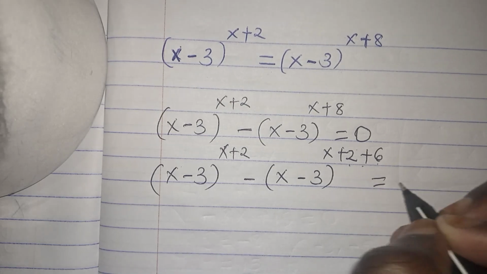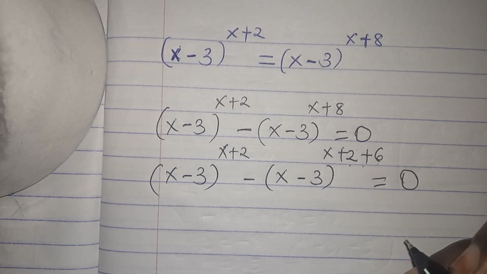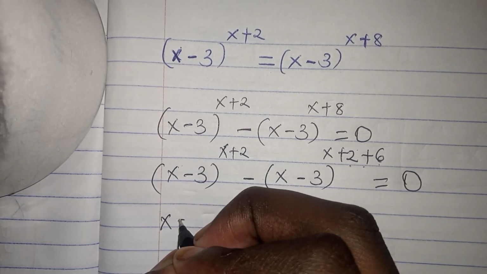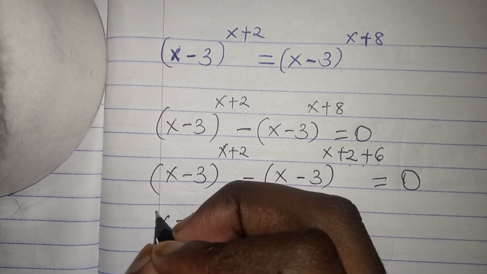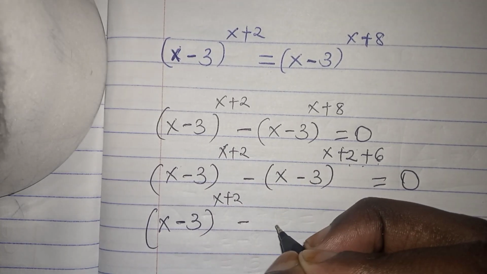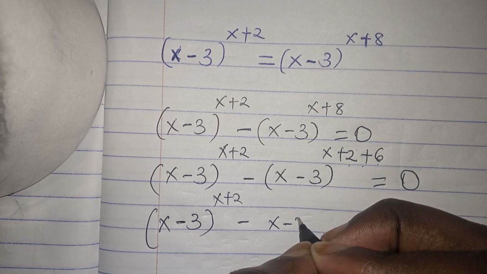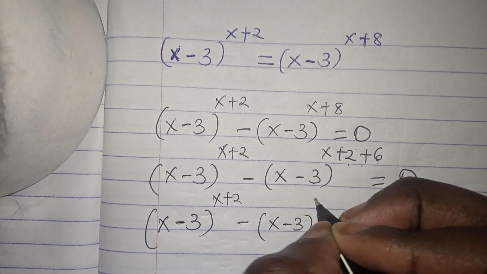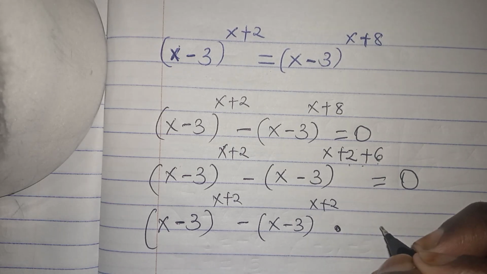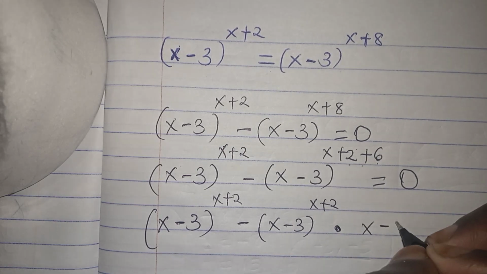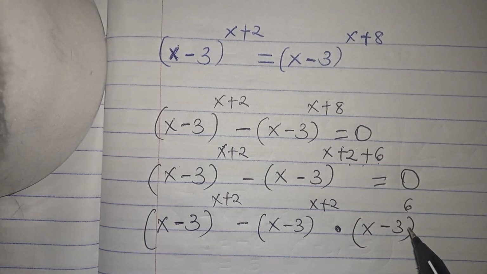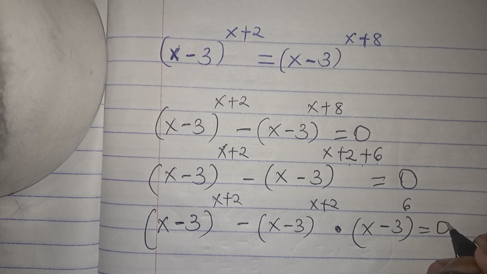My next step, I will write (x - 3)^(x + 2) - (x - 3)^(x + 2) times (x - 3)^6 = 0.